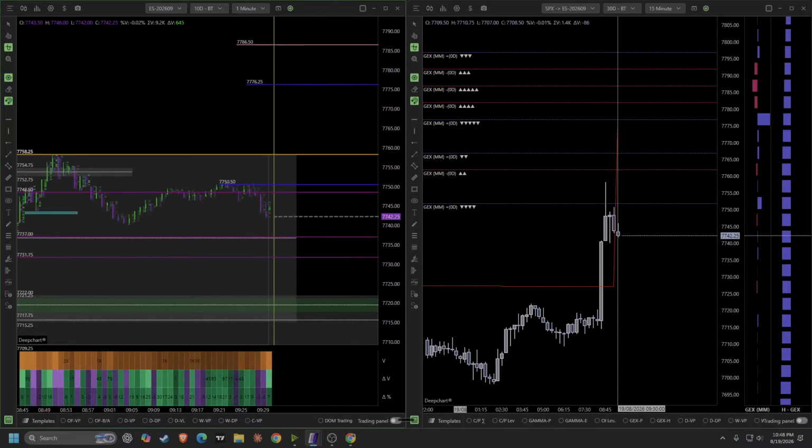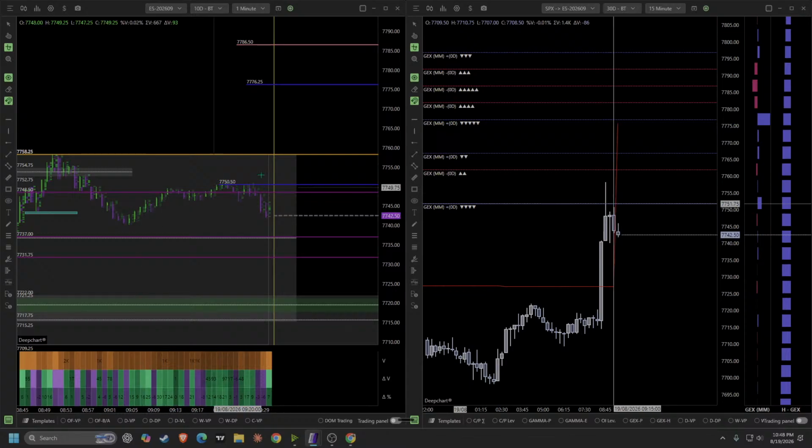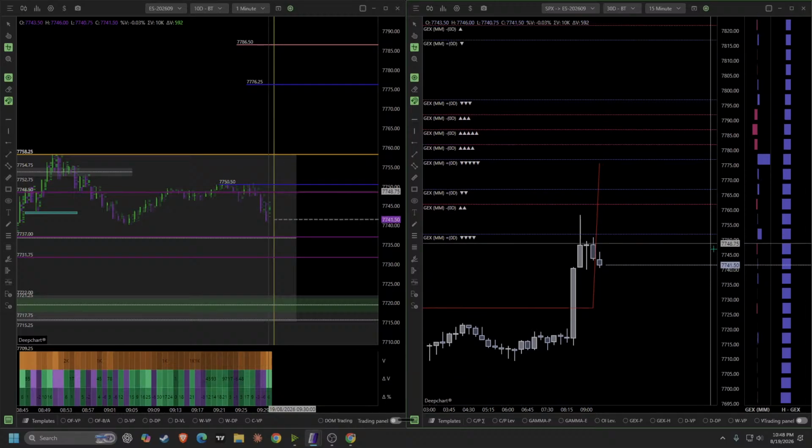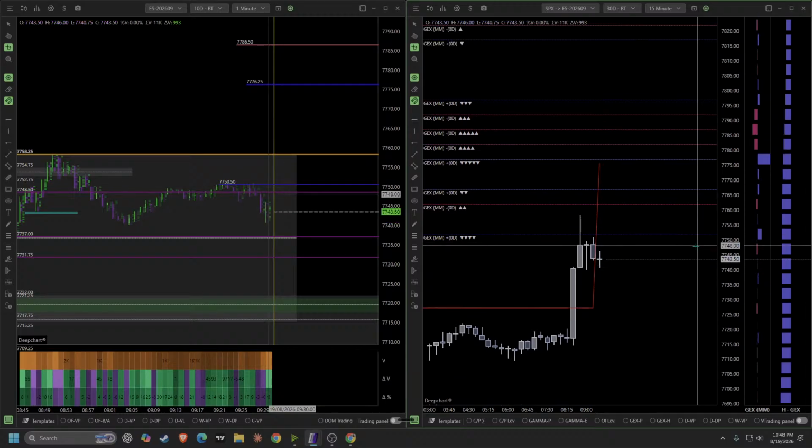All right, so now we have some levels. We're going to start this on 1x speed and just pay attention to what happens with the options levels.